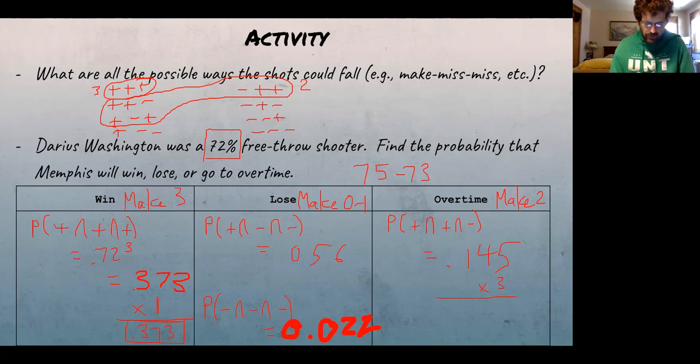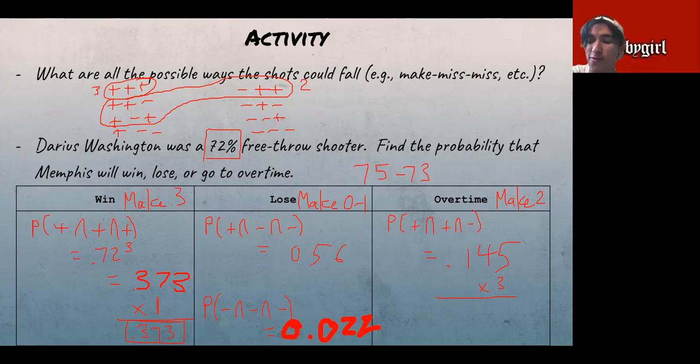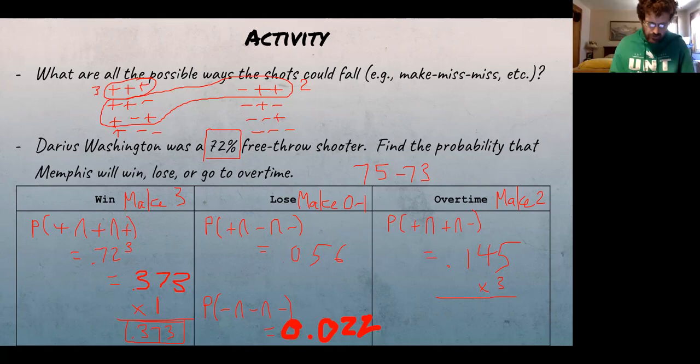And what is our probability going to be? 0.435. There it is, 0.435. I'll put a box around that one. And the probability of overtime is about 43.5%.